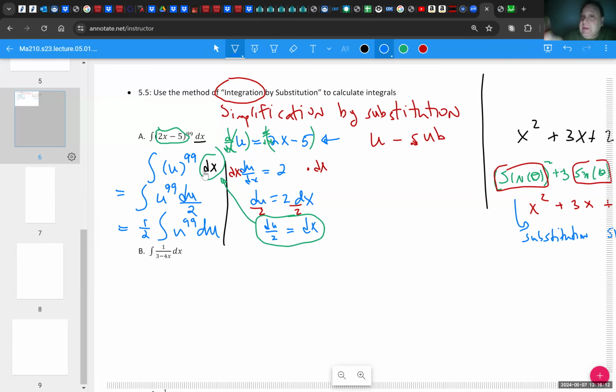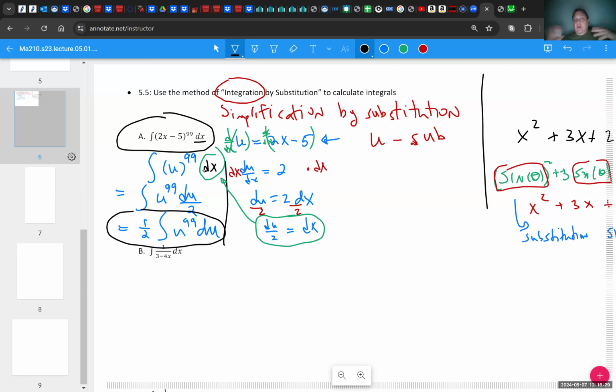So just to recap what we did here, we started with this problem, which was to find the antiderivative of this function. And we used algebra to change this into this function right here. So there were no calculus things going on. I guess we did a derivative so that we could find what dx was equal to.